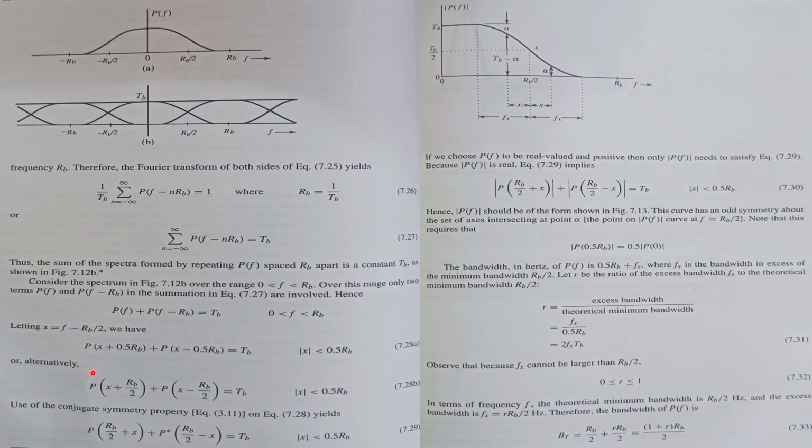So let's add the powers. Here P of f plus 0.5 RB for the first one, and the left half also, will be equal to TB, right? So adding the right half and the left half, we get the total TB, and further if you calculate, you will get P of half of RB is equal to 0.5 of P of 0.